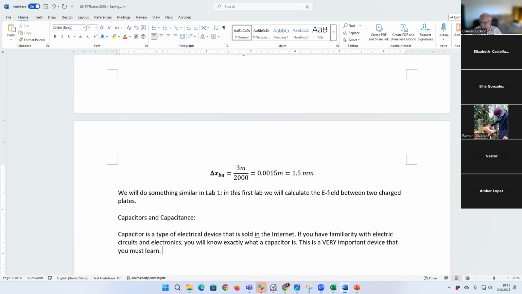And what else you have to know? Any electronic device has a bunch of capacitors and other electrical slash electronic components.